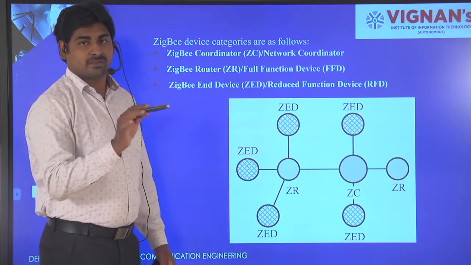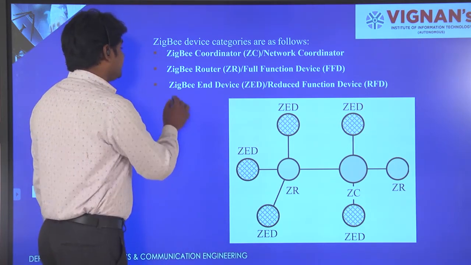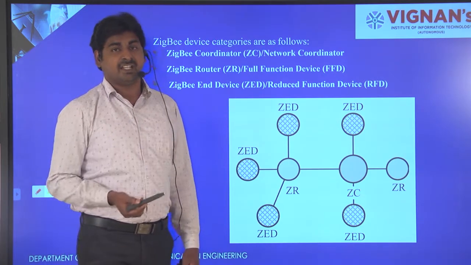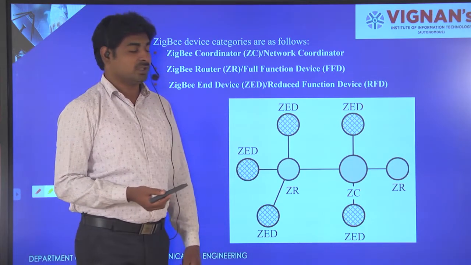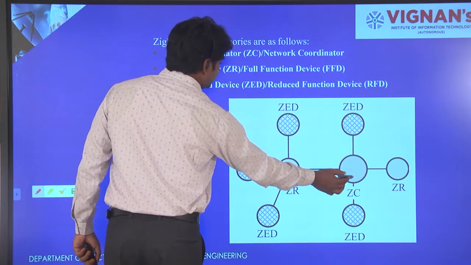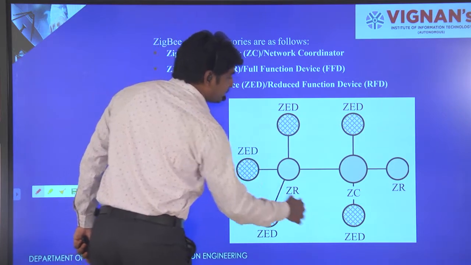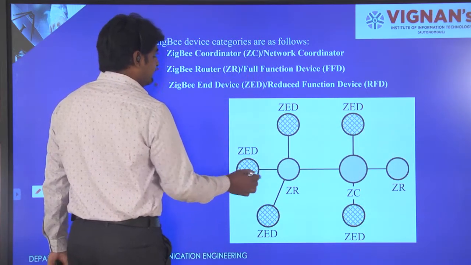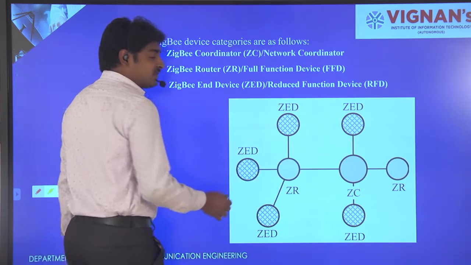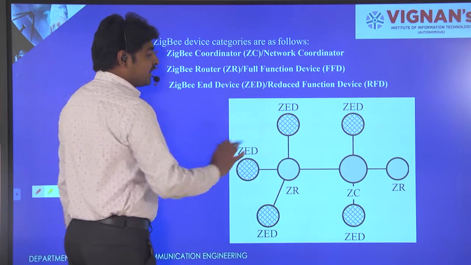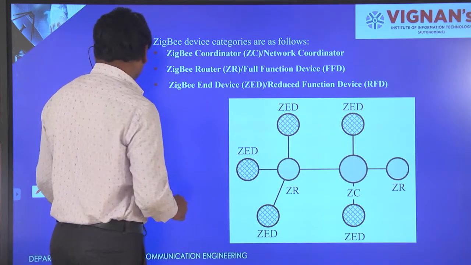It is like a channel through which the data will flow. And Zigbee end devices, which only receive the information. So this is the Zigbee coordinator which controls the communication between all these things, this is the Zigbee router through which the data flows, and these are Zigbee end devices which will receive the data.